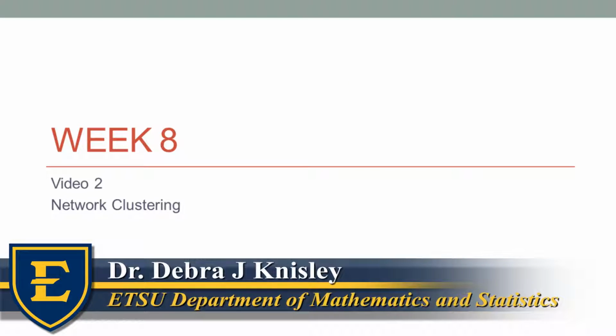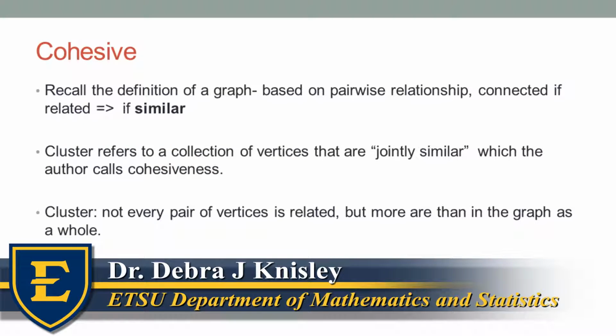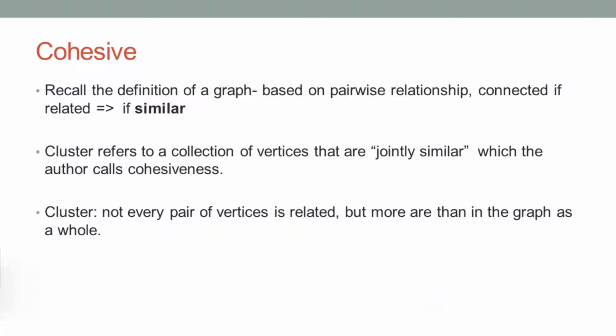This is video 2 for week 8, and we're working on network clustering. We want to define what we mean by cohesiveness. If two vertices are in the same cluster, that means they're more likely to be connected than if you just pick two vertices at random.